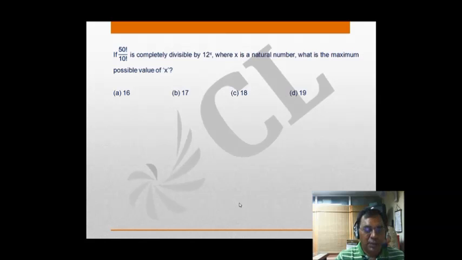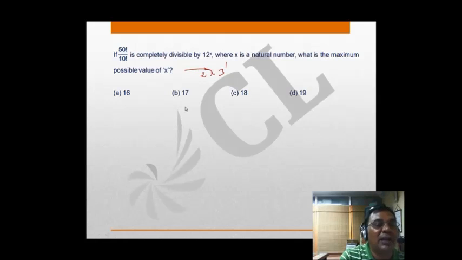Okay. Now the first question, if I read it: 50 factorial is divisible by 12 to the power x, where x is a natural number. What is the maximum possible value of x? So a simple question, I suppose I can do it, because the simple logic is 12^x is there. So 12 is 2 square into 3 to the power 1. So I'll have to check how many of these are there.